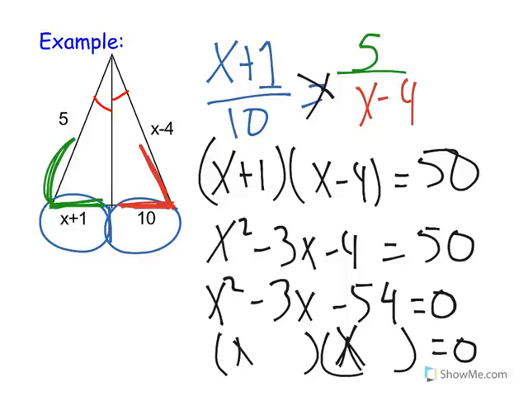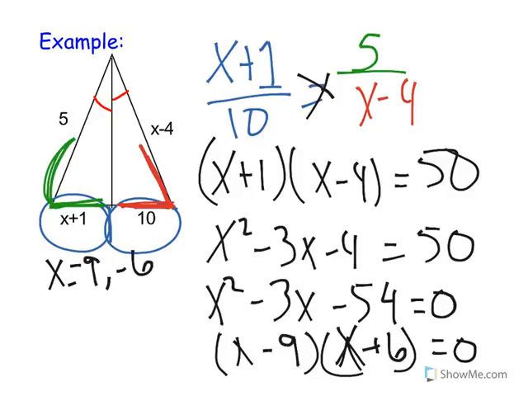So you can factor that to x minus 9 and x plus 6. Negative 9 times positive 6 is negative 54. Negative 9 plus 6 is negative 3, which means x equals 9 and negative 6.